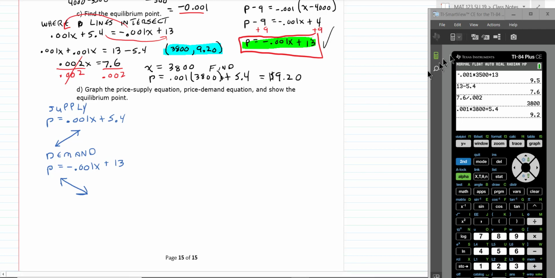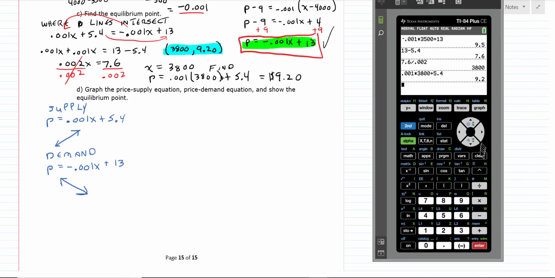When we put this together, we're going to do this on our calculator. You want to go to y equals and then put in the supply equation, 0.001x plus 5.4. That 5.4 is the y-intercept, so that will help you understand how to make the y-axis.